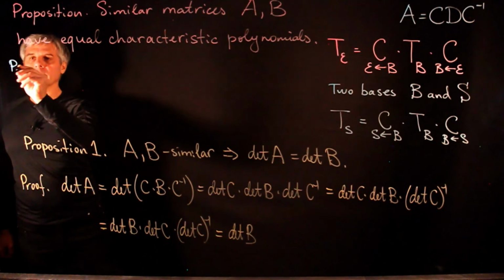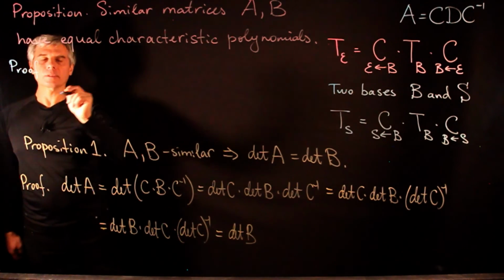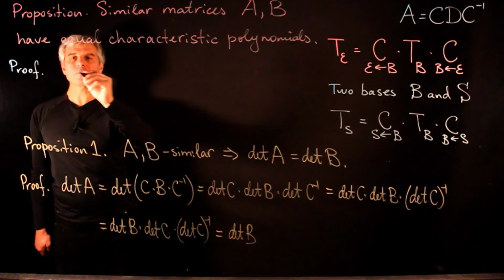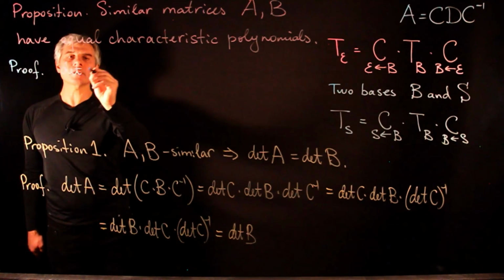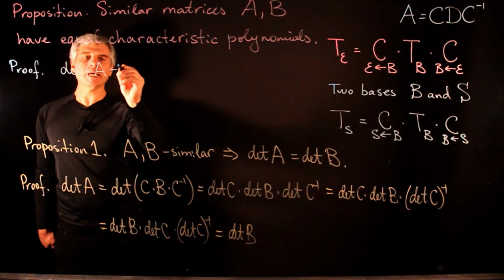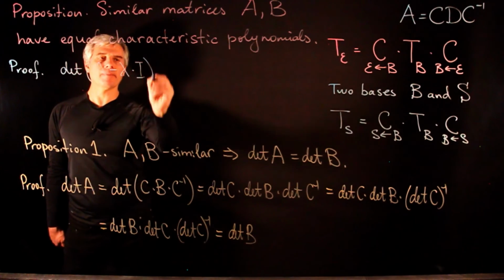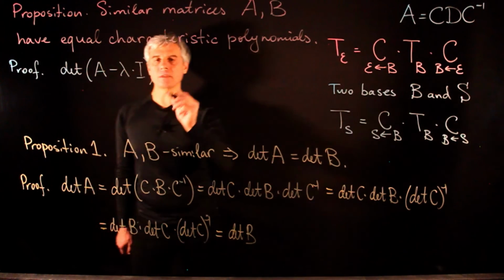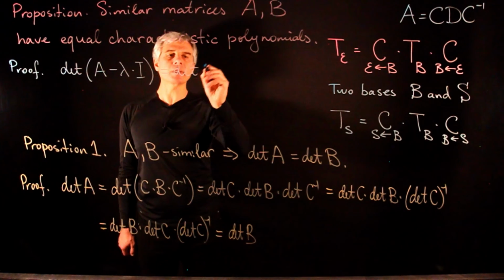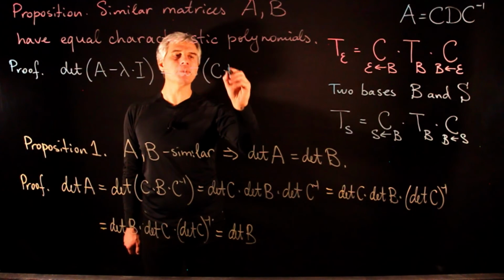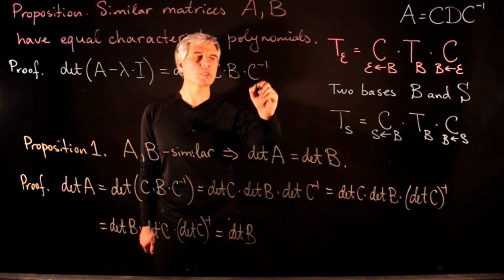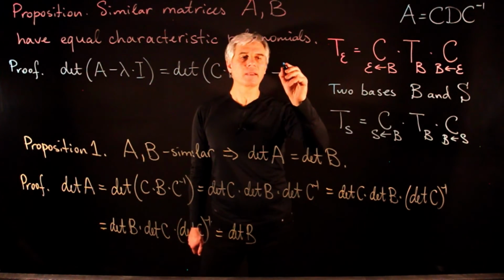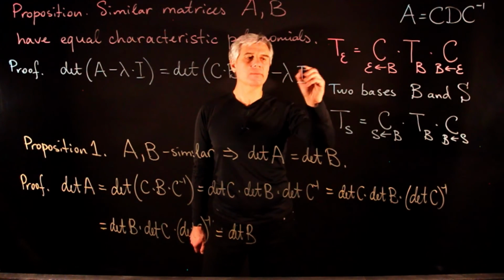So let's give a proof. What's the characteristic polynomial of a matrix A? It's the determinant of A minus lambda times identity. But A is equal to C times B times C inverse. So we have the determinant of C times B times C inverse minus lambda times identity.